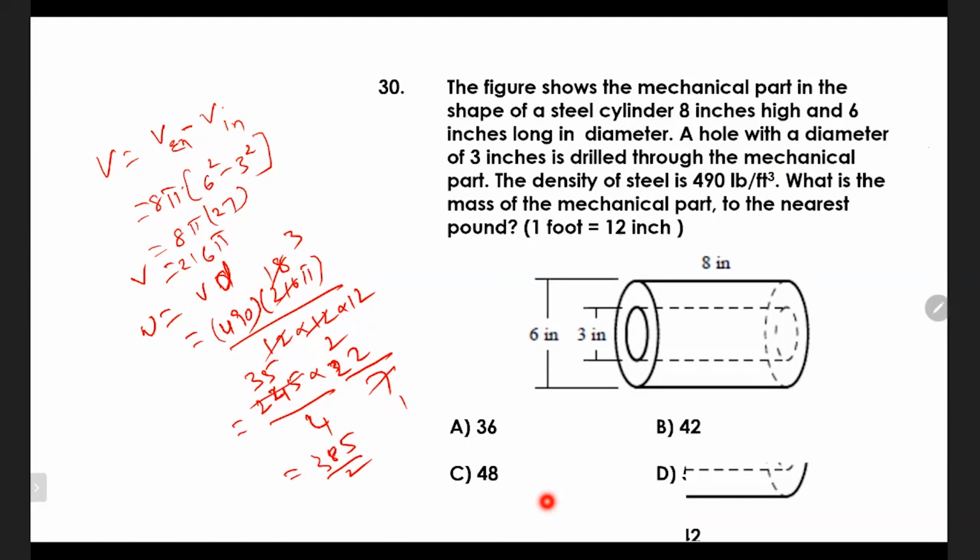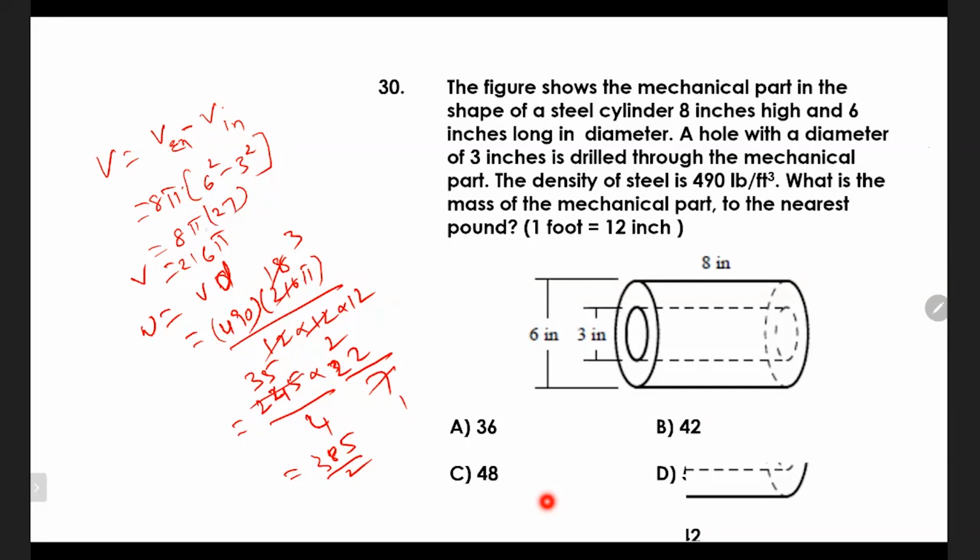So there appears to be some mistake somewhere because no options are seen here. So now, the volume is pi r square h. H is 8. Pi into h, if I take common, 6 square minus 3 square. This is 6 plus 3 is 9 and 6 minus 3 is 3. So 27 into 8 pi.